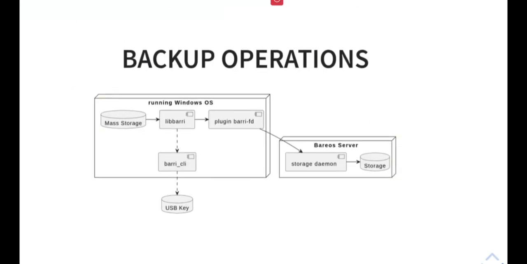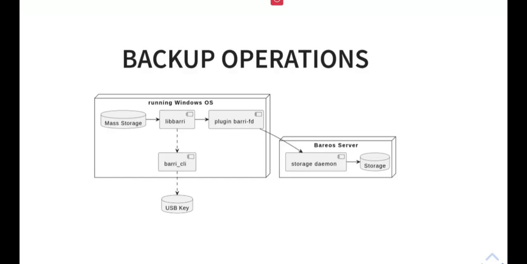Quick overview of how the backup operation works. The Windows machine is running, which is the nice thing about it, so you don't have to shut it down to make a disaster recovery image. The mass storage is then backed up with the common part, both of the CLI command line tool and of the plugin.